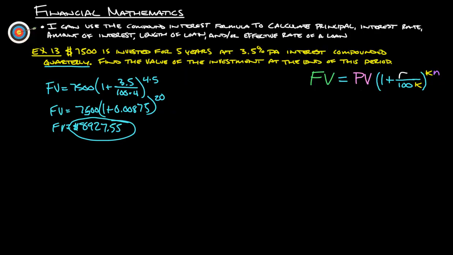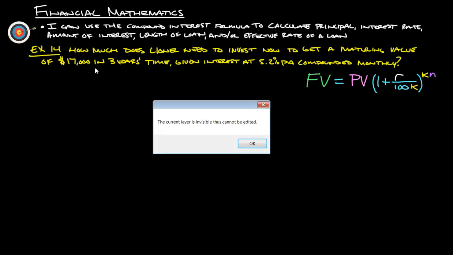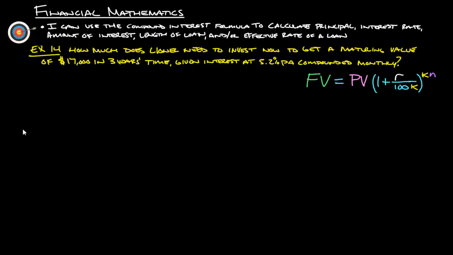All right. Let's take a look. Example 14. How much does Lionel need to invest now to get a maturing value of $17,000 in 3 years' time, given interest is 5.2% compounded monthly? So now this $17,000 is going to go into the future value, and we've got to figure out what the present value is.